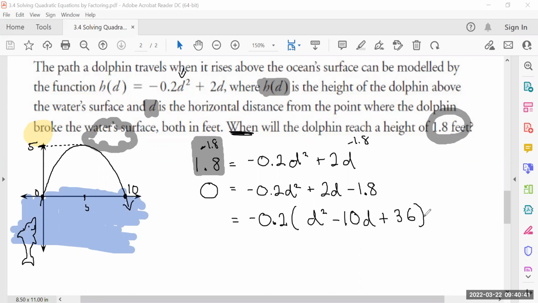Dividing by 0.2 is like saying multiplied by 5. That's a 9, isn't it? It's a 9. Just double check that.